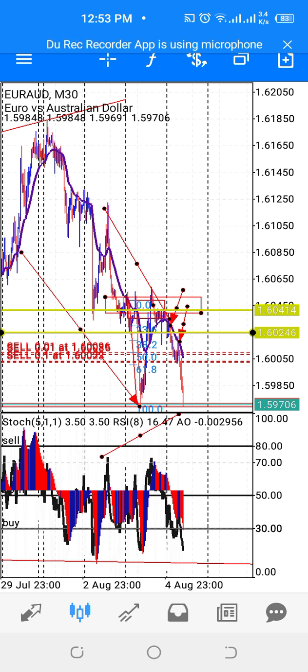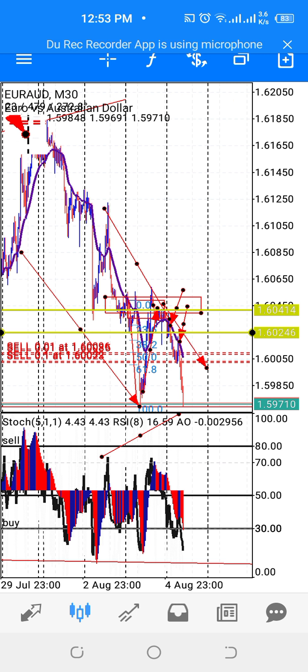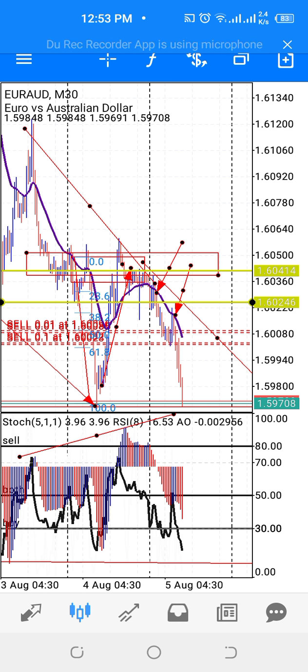So the market had to come to this lower high, and now the market is going downward to make another lower low. So those are the techniques that we have used: the support and resistance, and the 20 moving average.